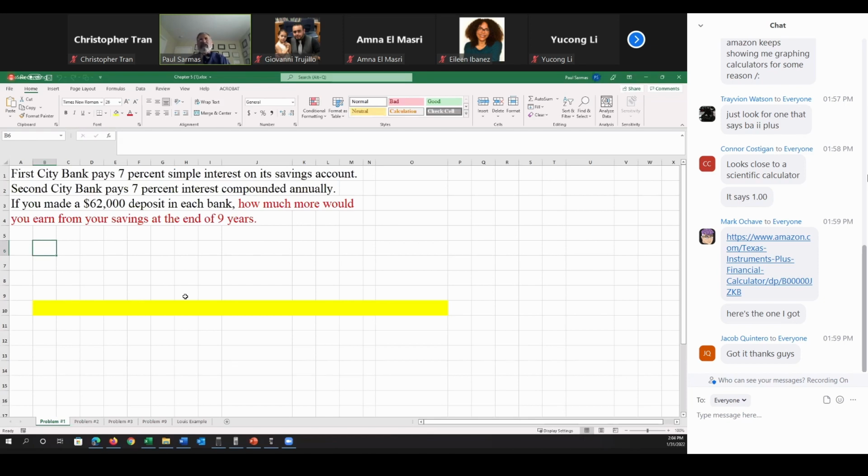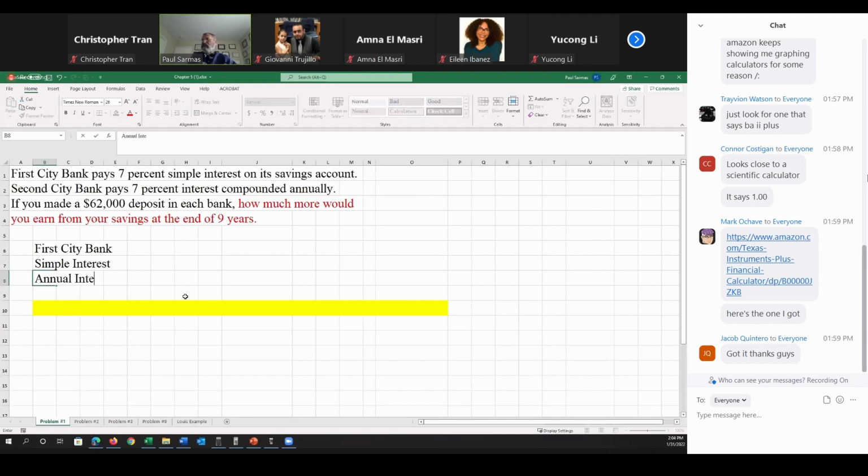So let me do the calculations. So we are talking about First City Bank. Are you ready to write down the solution? Yes. Okay. The First City Bank, I'm reminding you, is simple interest. It means this.